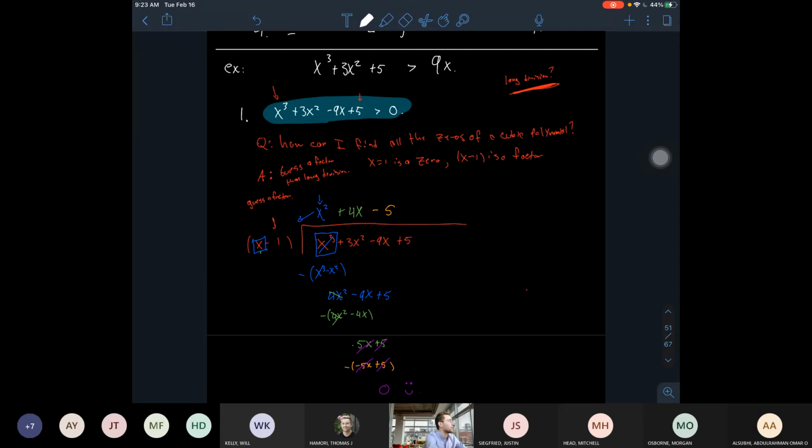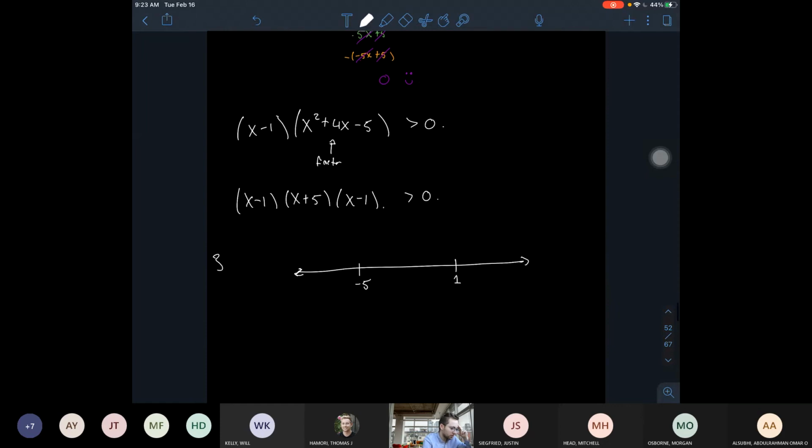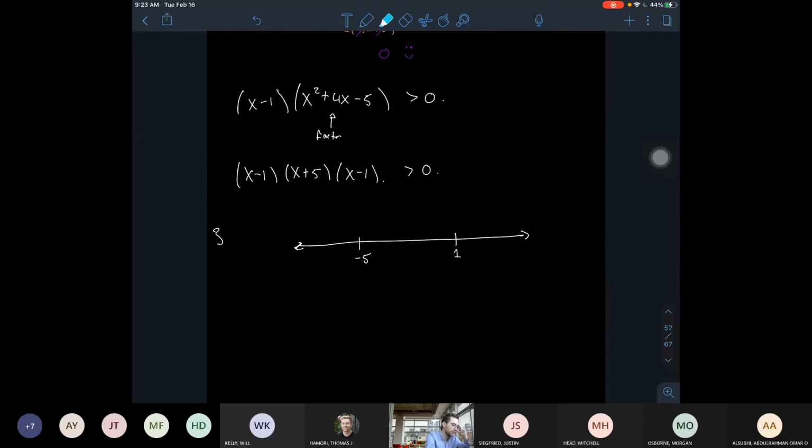Something is killing me about this long division process. I better double check this and make sure that I'm not doing something wrong. Plus 3x squared minus 9x plus 5. Okay, no, I did everything right. Okay, sweet. So we get just these two zeros.